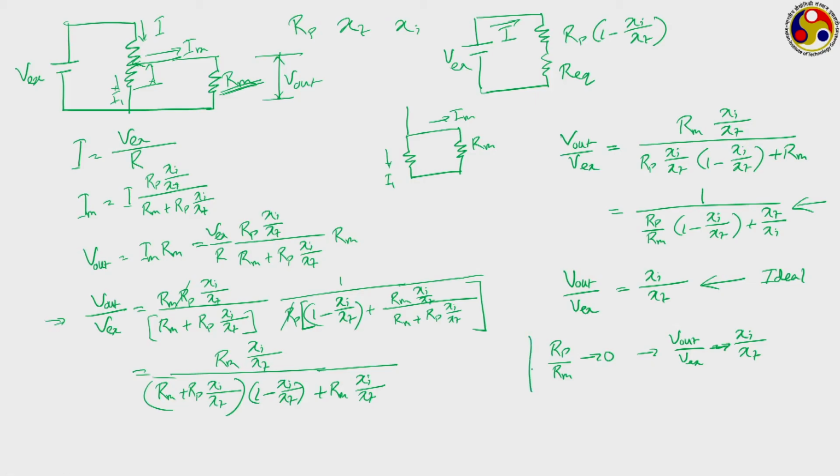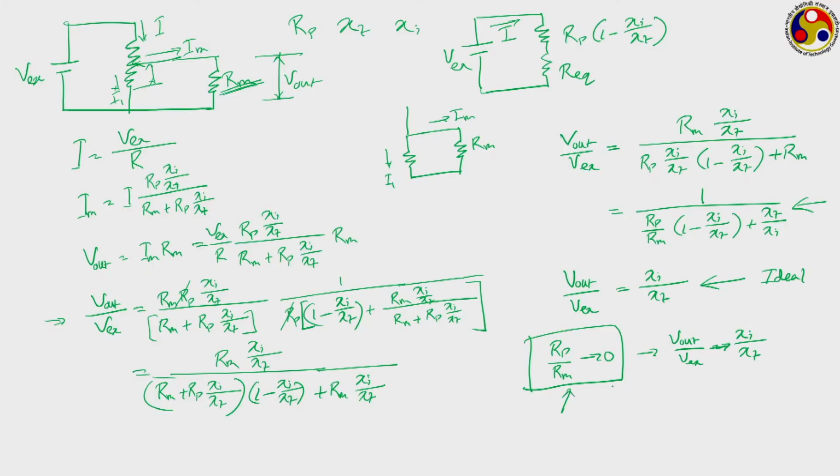That means in the ideal scenario, the ratio of Rp to Rm should tend to 0, or the resistance of the potentiometer should be very small compared to the meter resistance. Now, practically it is never possible for the meter to have infinite resistance. So, practically it is possible only when Rp is very small compared to Rm.